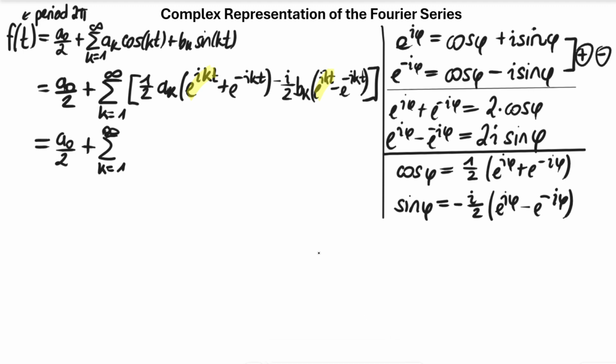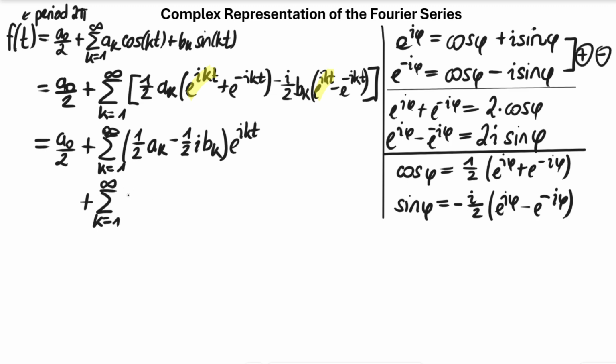And then factoring out this e to the power ikt. And this yields the following. So 1/2 a_k minus 1/2 times i b_k from the second coefficient, and e to the power ikt factored out, plus, I'm not sure if there is enough space, probably I write it below.